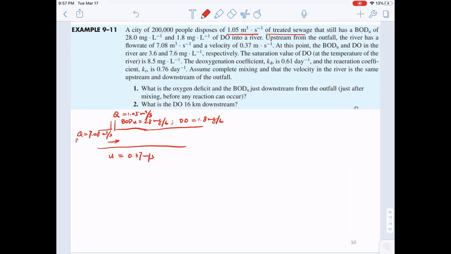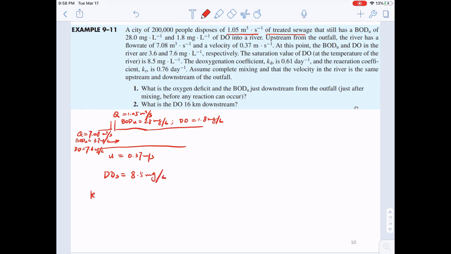It also provides us the ultimate BOD, which is 3.6 milligram per liter, and the dissolved oxygen is 7.6 milligram per liter. It also provides us the saturated dissolved oxygen, or the DOS, equal to 8.5 milligram per liter.